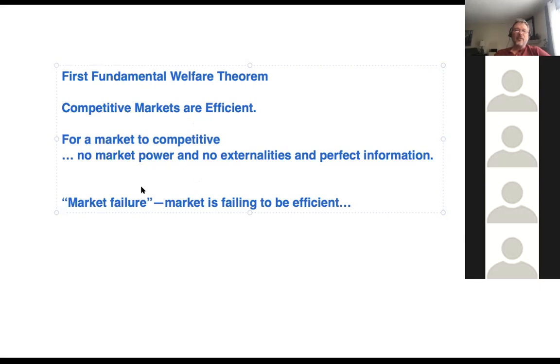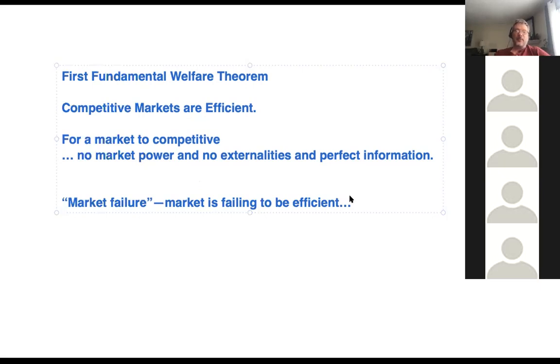So whenever we have a market that has market power, or it has externalities, or it has imperfect information, then that's when economists get concerned that the market will function, right? But it will function inefficiently.